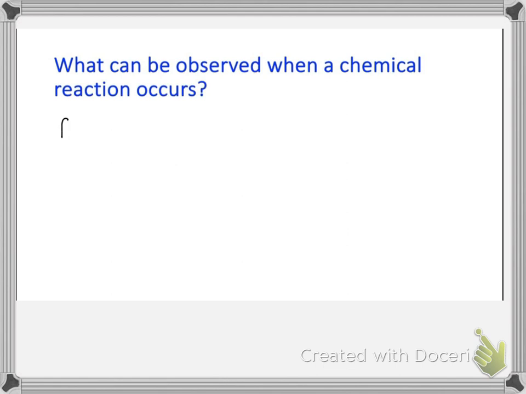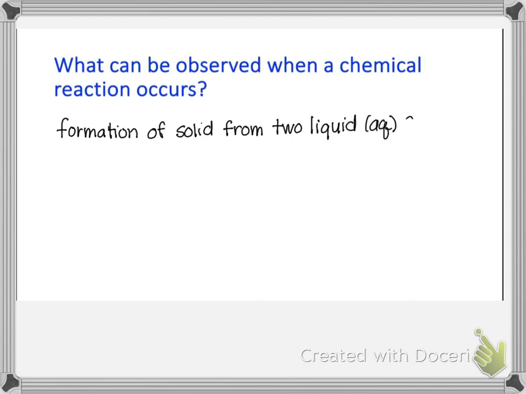So that would be one thing that we would be able to observe. And we are going to have a solid form from 2 aqueous or liquid solutions. So we will be mixing liquids, and out of that, a solid will form.